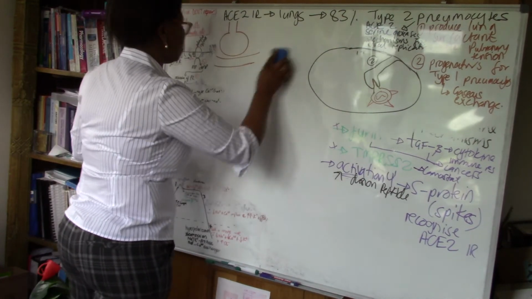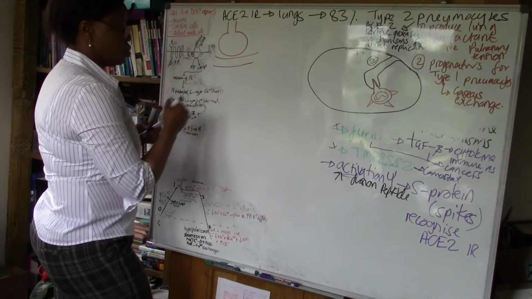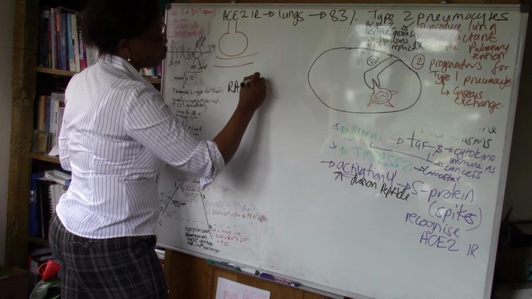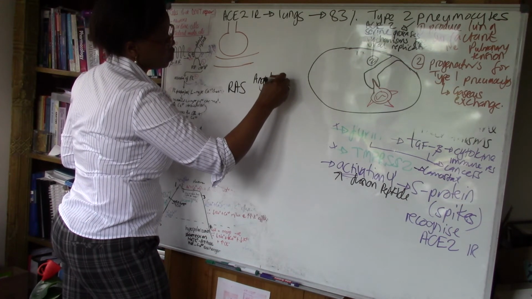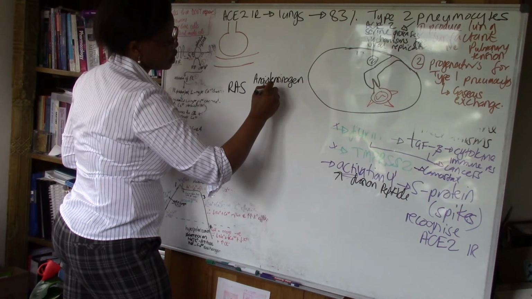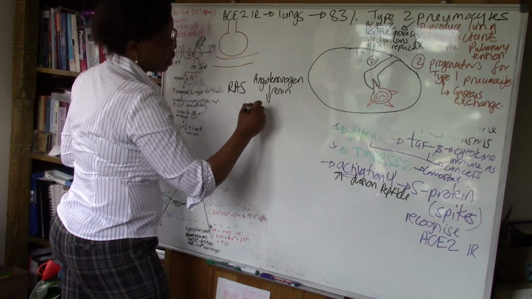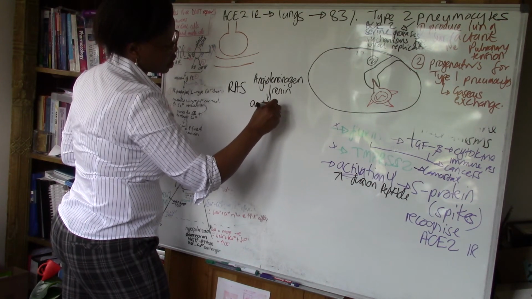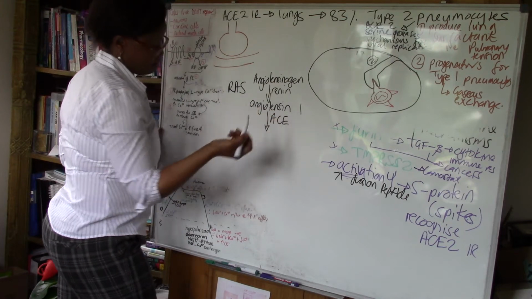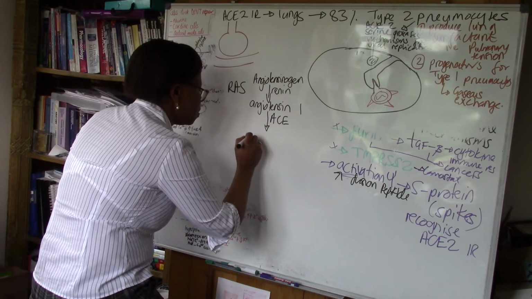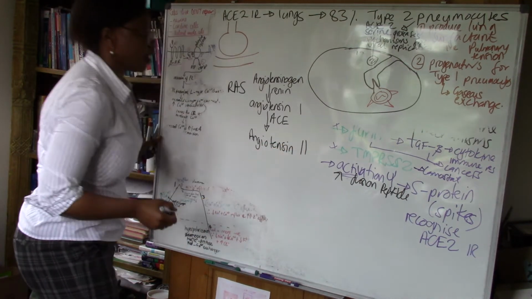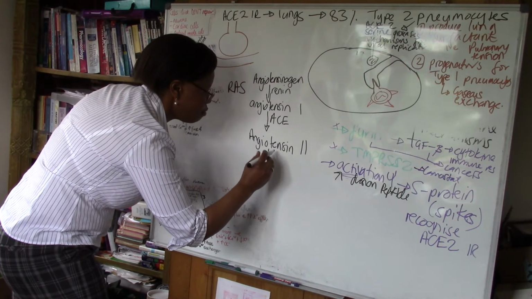The role of ACE2 in the human body really is to control the renin-angiotensin system, whereby we have angiotensinogen, which is activated by the enzyme renin into angiotensin 1, and then angiotensin 1 is converted by ACE into angiotensin 2.